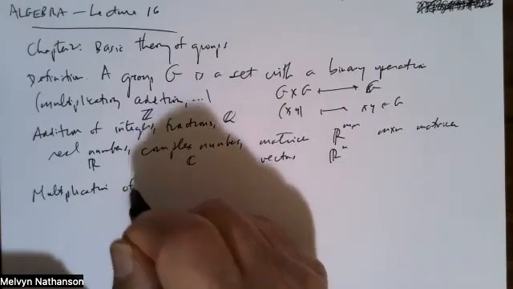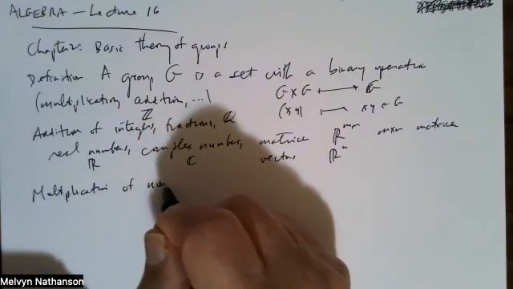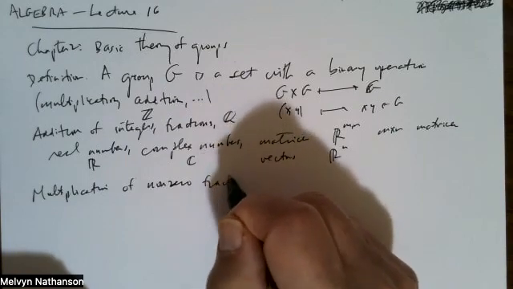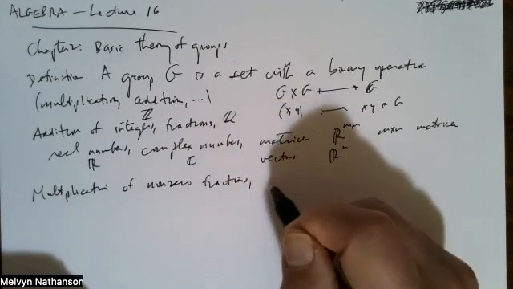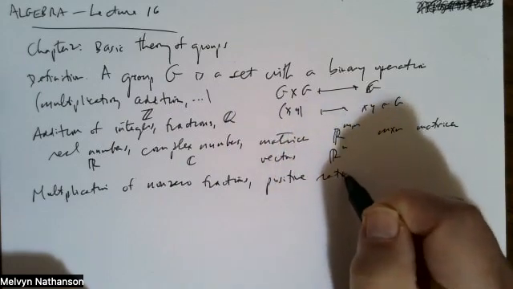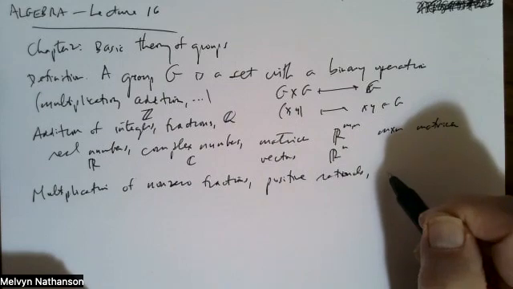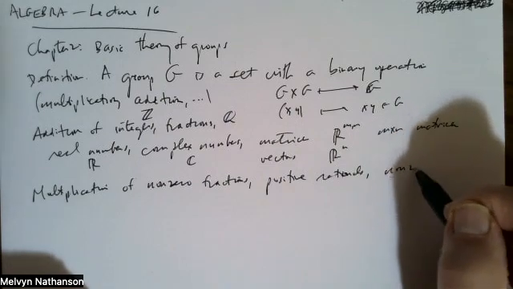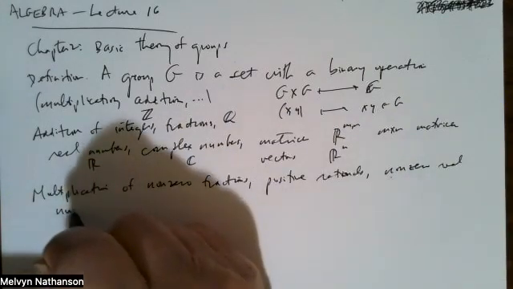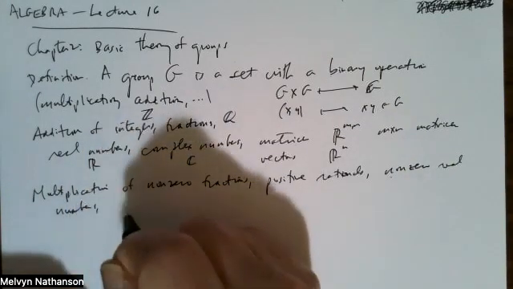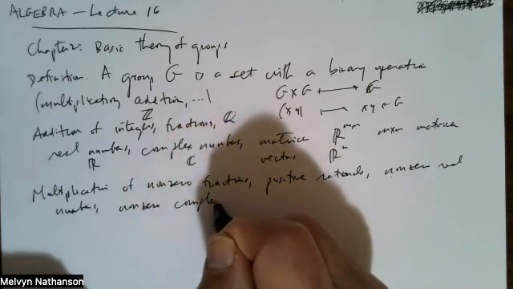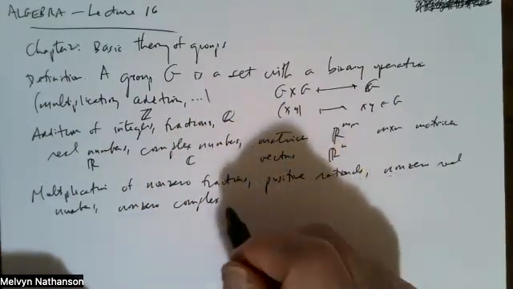And sometimes you have the binary operation of multiplication. So you have multiplication of non-zero rational numbers or fractions, or sometimes just the positive rationals, or the non-zero real numbers, non-zero complex numbers. These all turn out to be examples of groups.